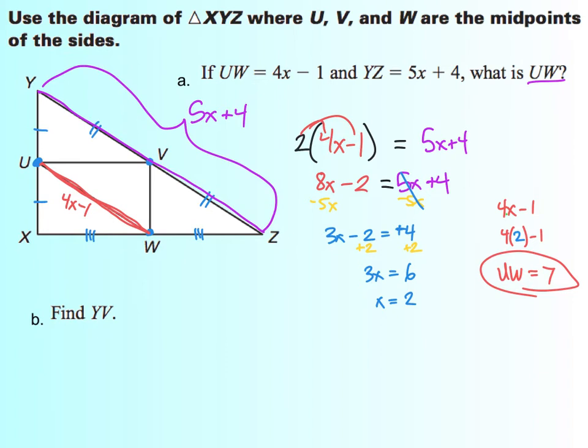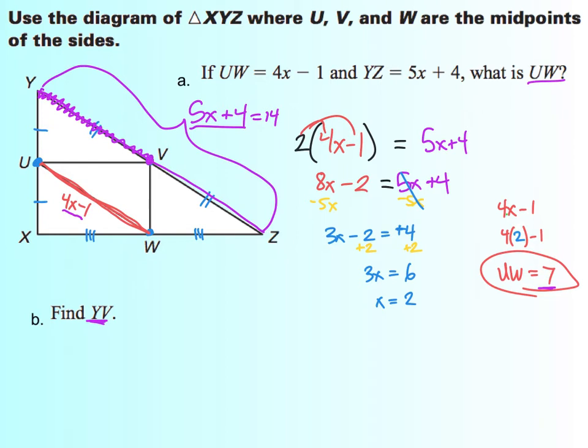Now it's asking me to find YV. So YV is this distance right here. And remember, the whole segment, YZ, has to be double the midsegment. So if the midsegment 4x minus 1 is 7, then 5x plus 4 would have to equal 14.